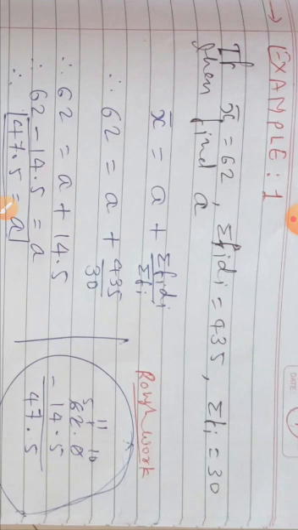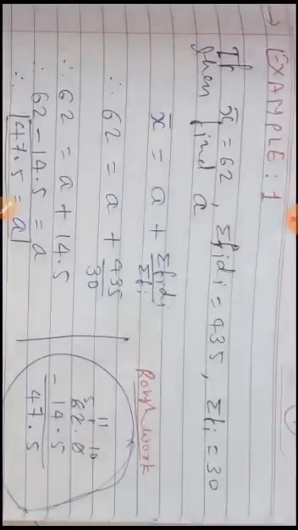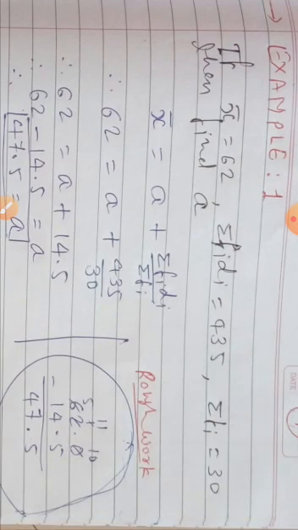So that is written, and all values are placed at the respective places. x bar's value is 62, that is placed at the place of x bar. A is not given, so A is written as it is. Sigma fi di is given, 435, sigma fi is given, 30. Now 435 by 30 is converted into a decimal.